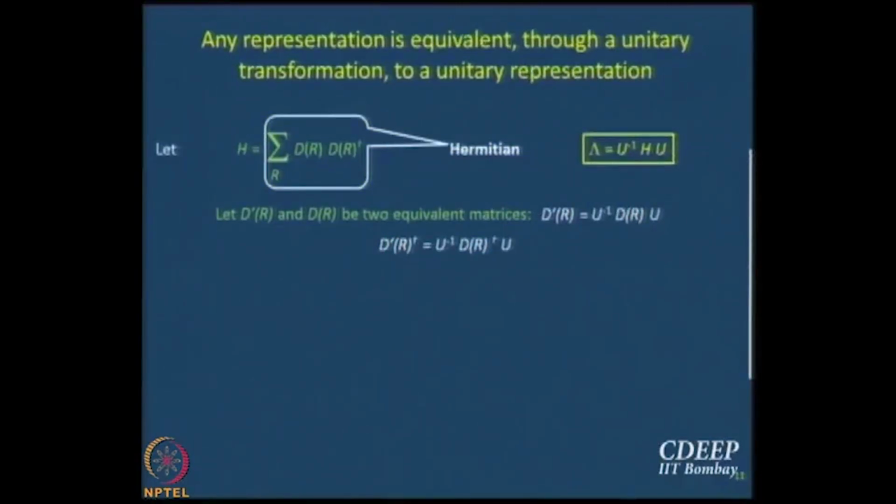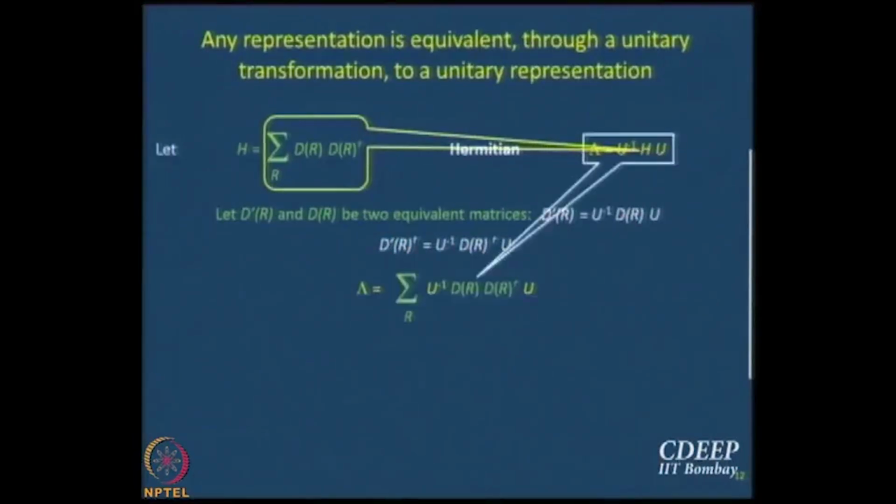So, I might as well expand H in the definition of lambda. Okay, you see where we are going. We are going a long way, but the destination is interesting. So, this is what we write, lambda equal to sum over R u inverse dr dr dagger u.